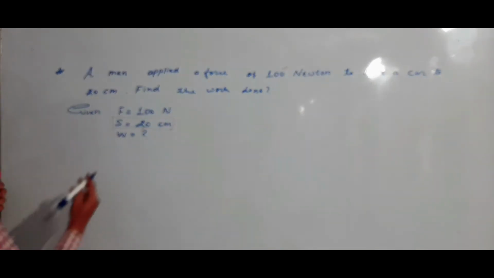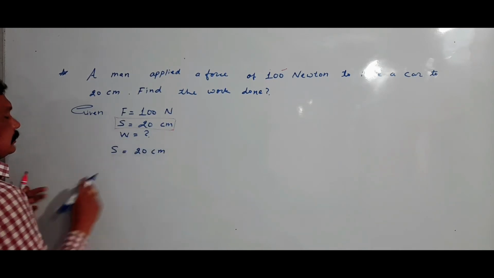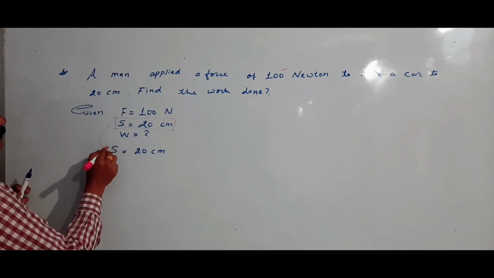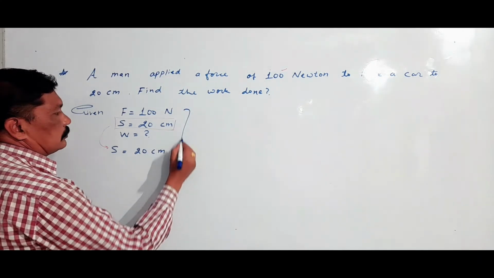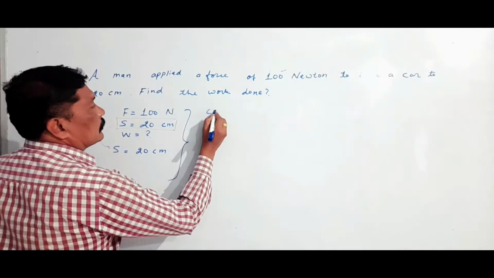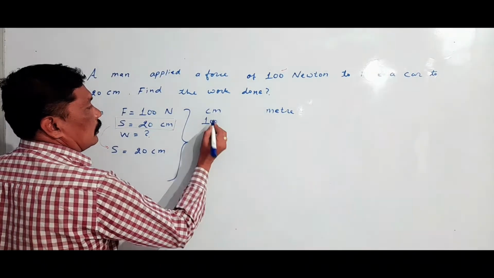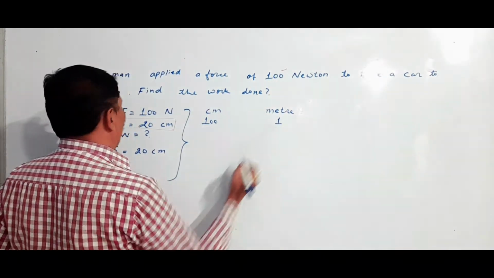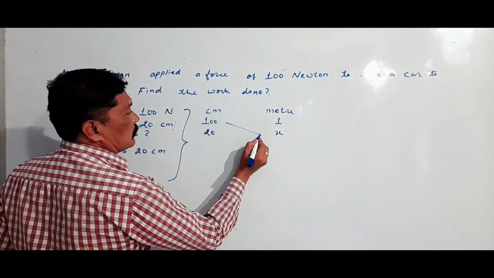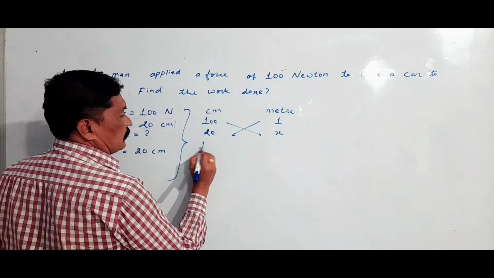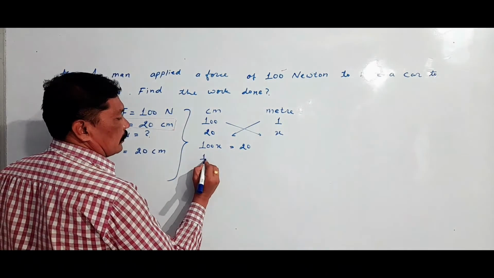Here we have displacement is equal to 20 centimeter. We have to change the centimeter into meter. Centimeter, meter, 100 centimeter, 1 meter, 20 centimeter, x, cross multiplication. 100x is equal to 20.